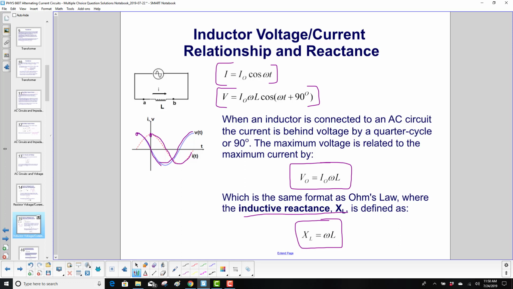We're just interested in the answers for this summary. So inductive reactance is the key thing. That's analogous to R for a resistor. And the other thing that's important is right here: the current lags behind the voltage.